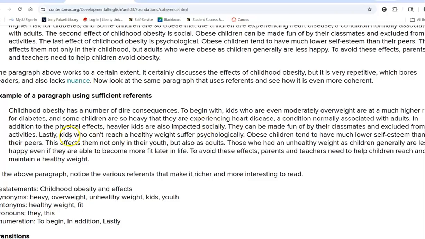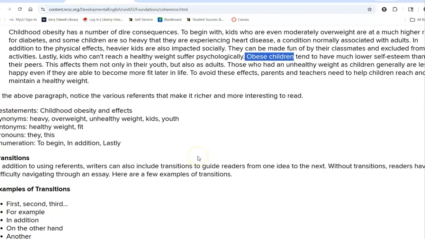They use kids here again, and they have a lastly, and obese children is used here. So they've used other words or phrases to create coherence and to make the paragraph more interesting, more exciting, and flow better so it's not a stock formula of repeated words and phrases. That's the key for the coherence part.